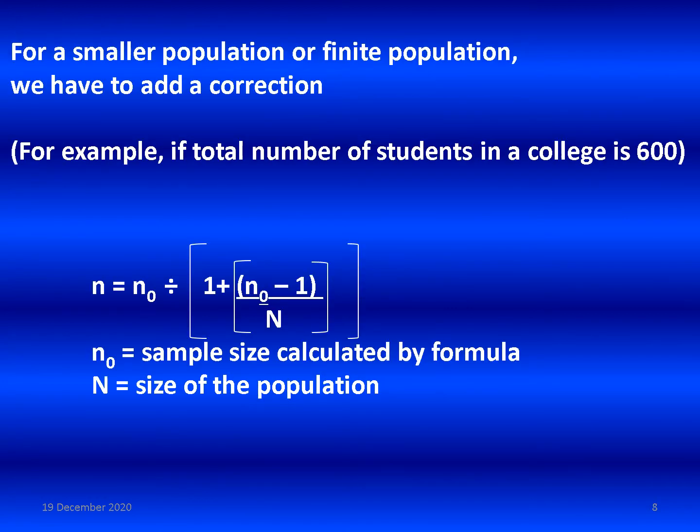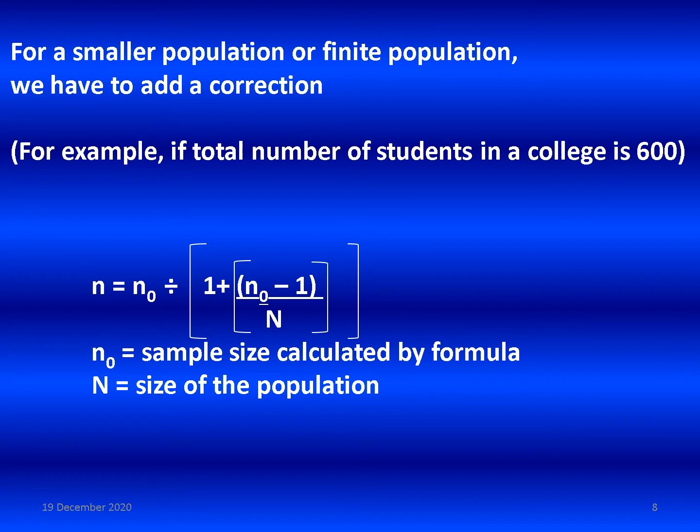Next situation is that sometimes the population from which you are collecting the sample will be small, or a finite population. In that case, we need to add a correction value. For example, if the total number of students in a college is only 600, you have to calculate the sample size based on the formula first, then use this correction for finite population to get the exact sample size required.